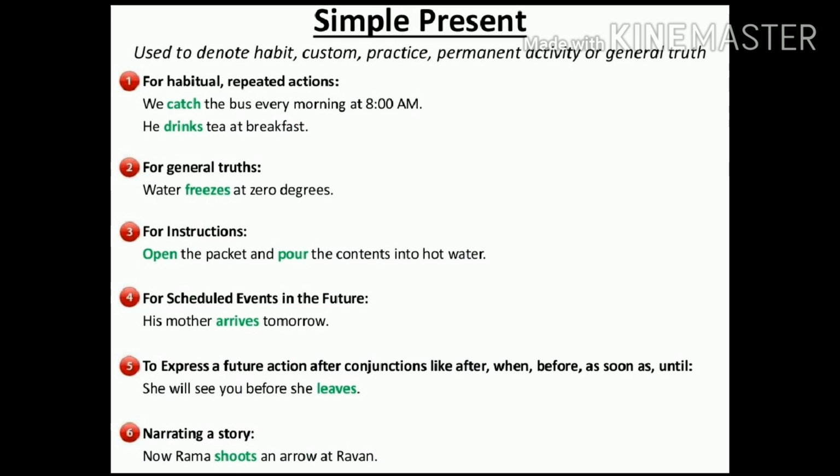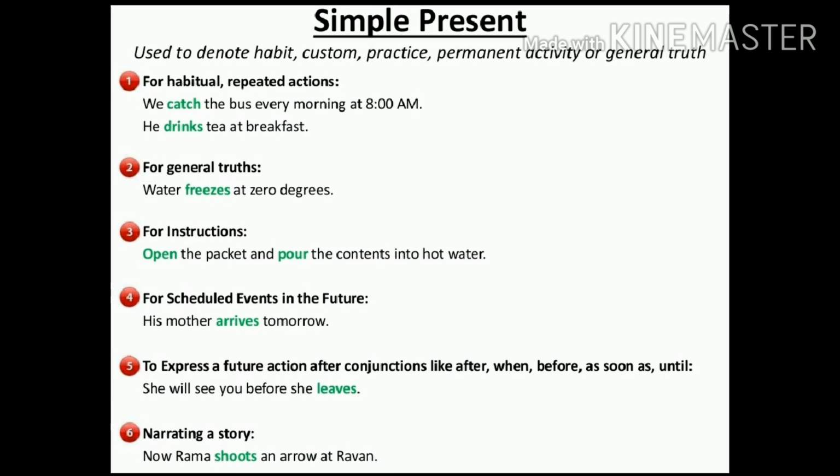Simple present, dear students, is also used for instructions. Like in point number 3. Open the packet and pour the contents into hot water. So it means whenever we are giving any instruction in our sentence, whether written or spoken, then we need to use simple present tense. Means simple form of present tense.